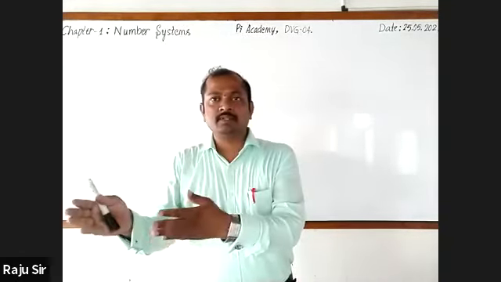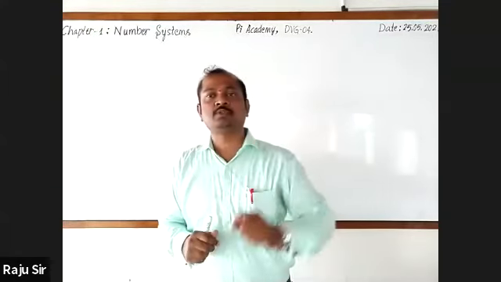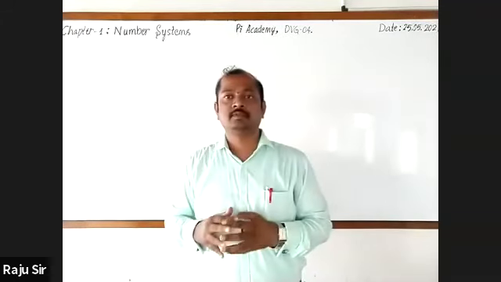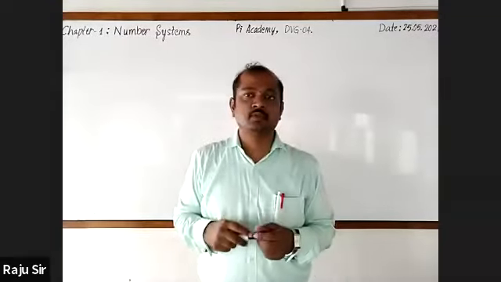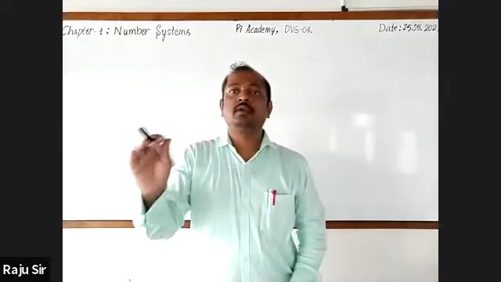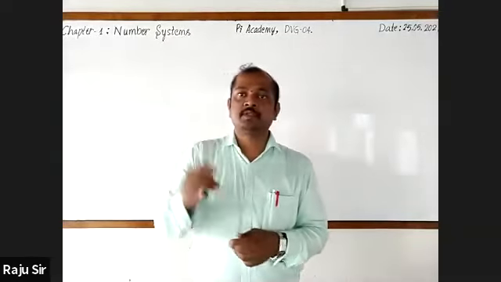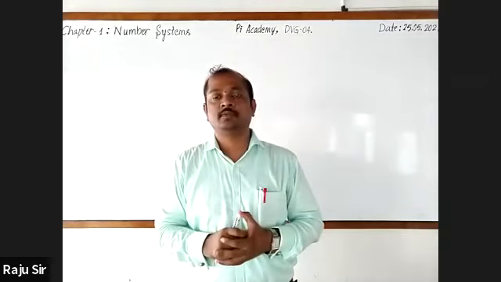Those counting numbers, including 0, are called whole numbers. One important statement: all natural numbers are whole numbers. But the converse is not always true. All whole numbers cannot be considered natural numbers, because in whole numbers 0 is there, and 0 is not a natural number.